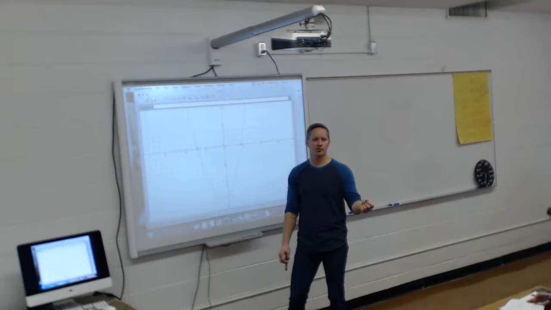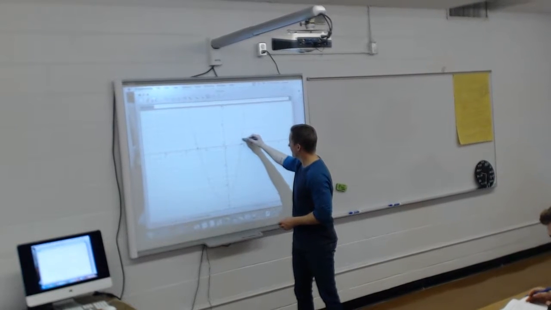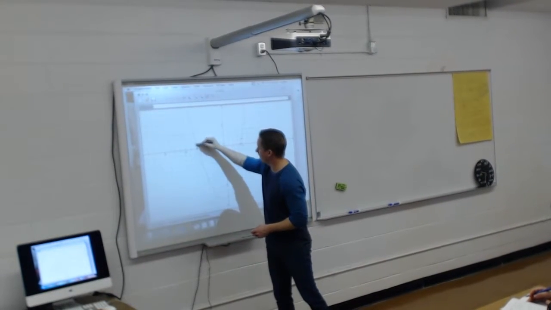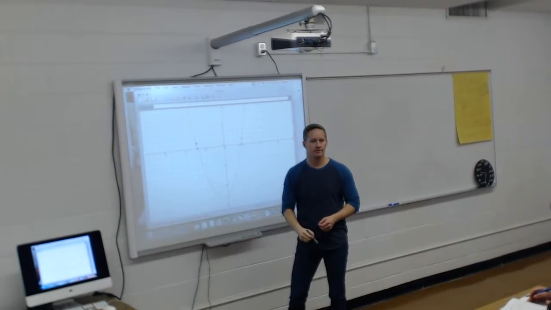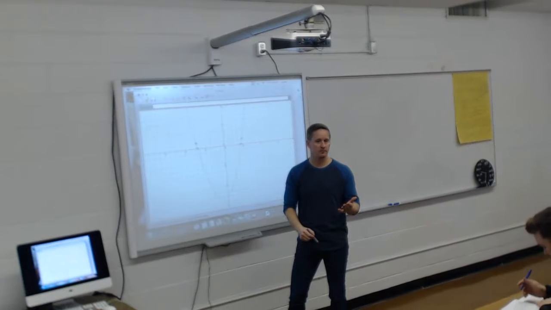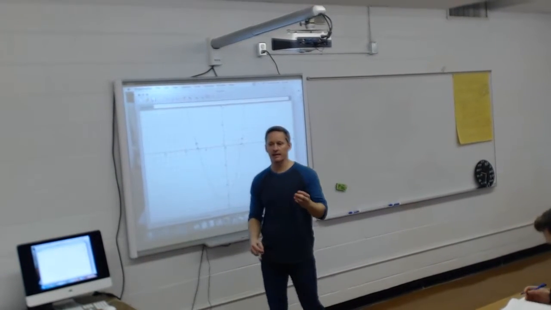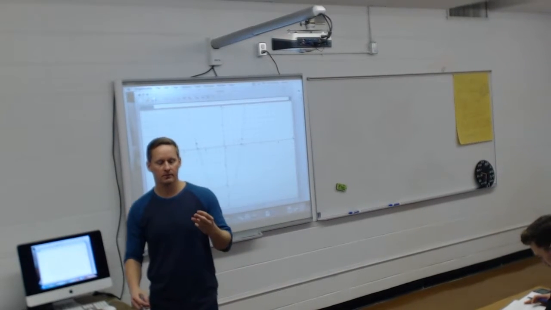What value do I take the square root of and end up with the same number? 1. Right there and right there. Square root of 1 is 1? Yes or no?